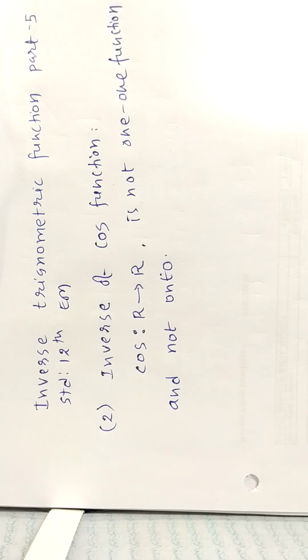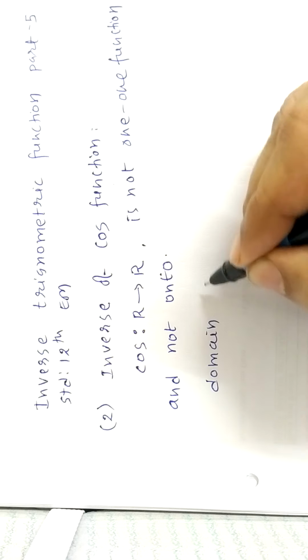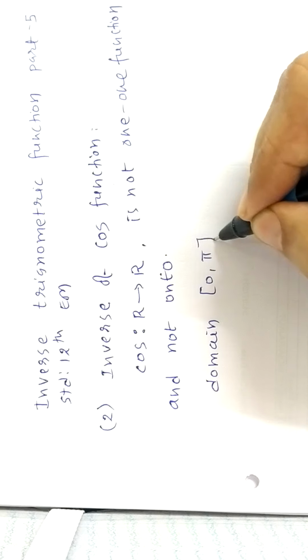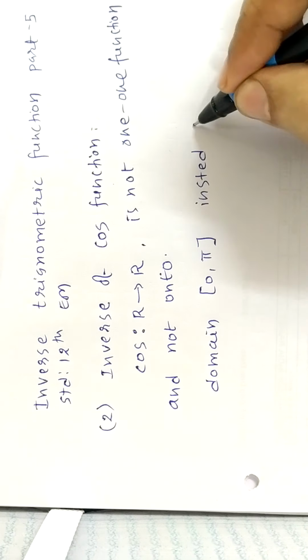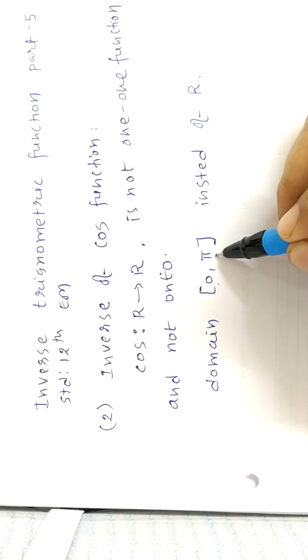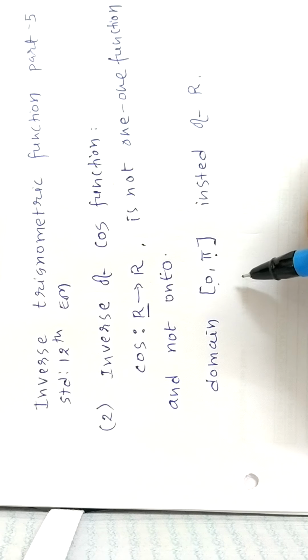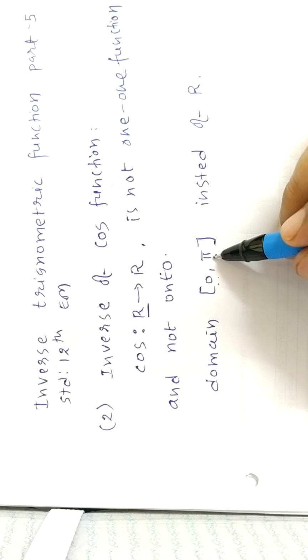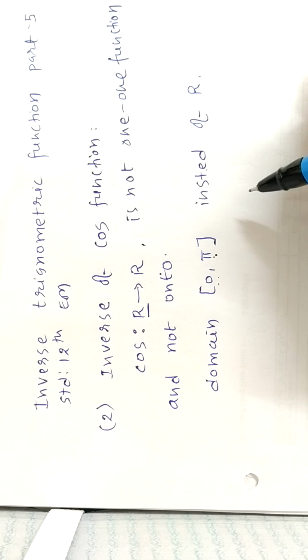If we want to define the inverse of cos function, we shall take the domain 0 to pi instead of R. Here 0 to pi is called the restricted domain of cos function. We are taking 0 to pi instead of R. That is why this function becomes 1-1.